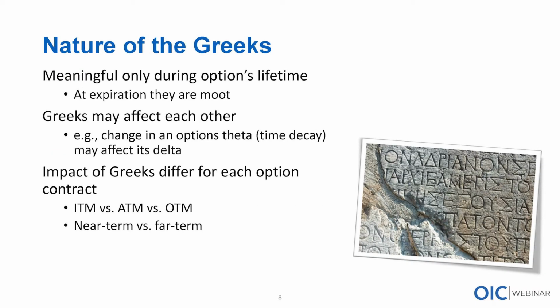All right, so let's talk about the nature of the Greeks. What exactly are the Greeks? Well, the option Greeks measure the different factors that can affect the price of an options contract. So just like the dashboard in your car gives you feedback on the condition of your car. Say you're driving along and you look at your dashboard and you see you have half a tank of gas, your tire pressure might be a little low, the engine's a little warm.